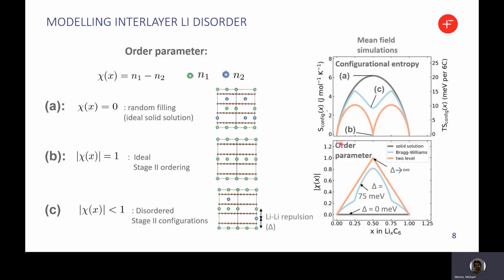And of course, in reality, we have an intermediate situation, which we can model through mean field, whereby plugging in an interlayer lithium repulsion comparable with DFT calculations, you end up with a situation at 50% filling where you have disordered stage 2 configurations, with a certain amount of interlayer lithium disorder in between the carbon planes.